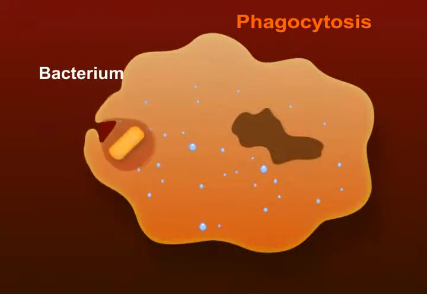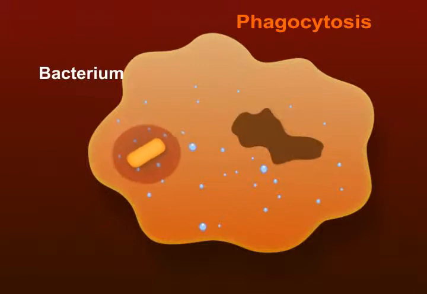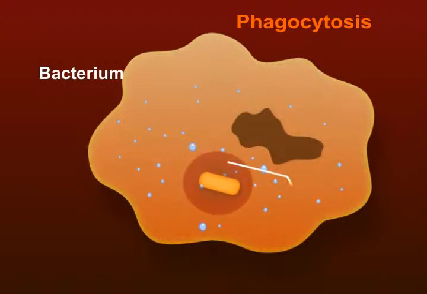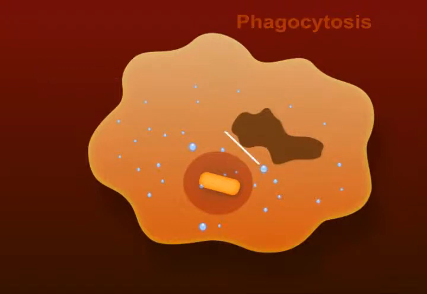Opsonization is the process of coating the bacterium to enhance phagocytosis. The microorganism is then engulfed by the phagocyte into a vesicle known as a phagosome. The phagosome is then taken inside the macrophage where it fuses to another vesicle termed a lysosome.